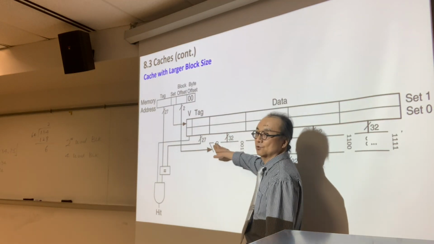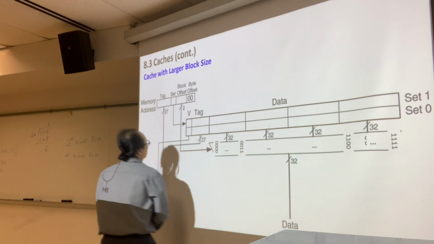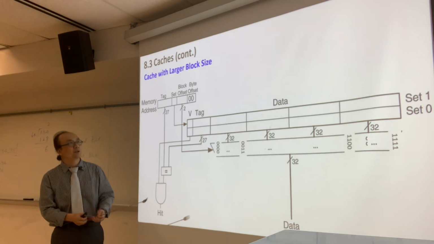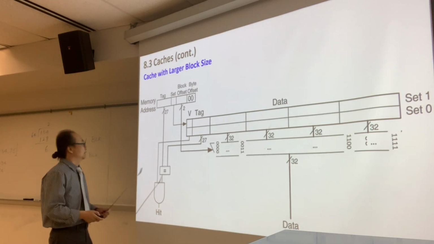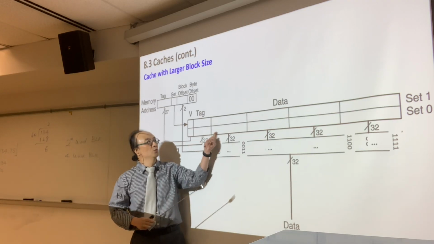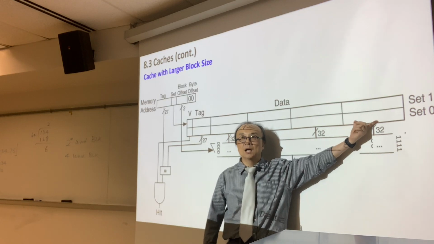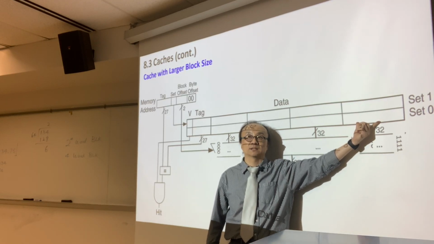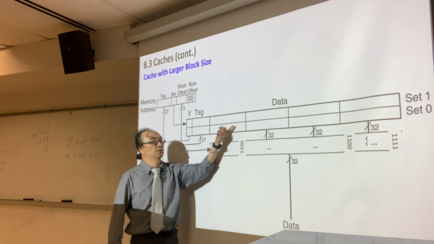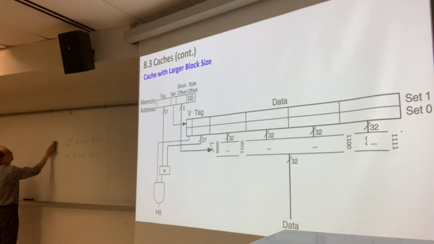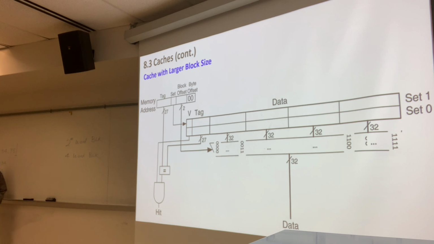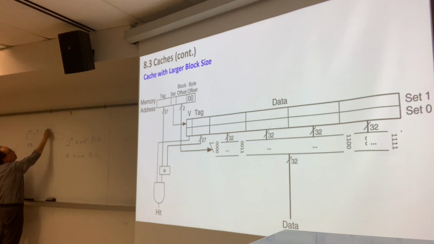Why is the offset 4 bits? First of all, it's byte addressing. We're going to name all of these bytes. This is one word, one word, one word, one word. How many bytes in each word? 4 bytes. So 4 bytes, 4 bytes, 4 bytes, 4 bytes, total 16 bytes. If we have 4 bytes in a block, we need only 2 bits to name them: 00, 01, 10, 11.